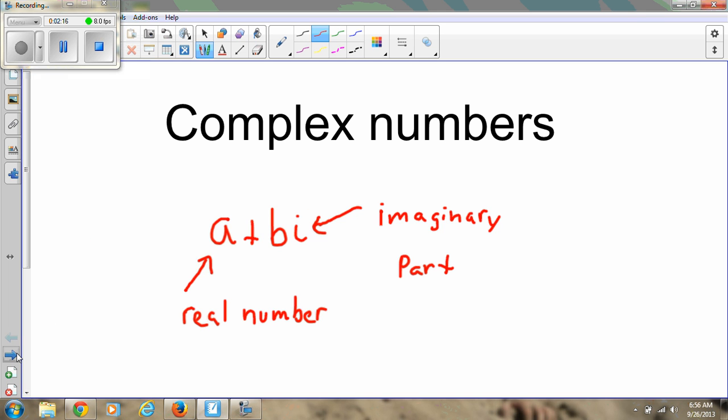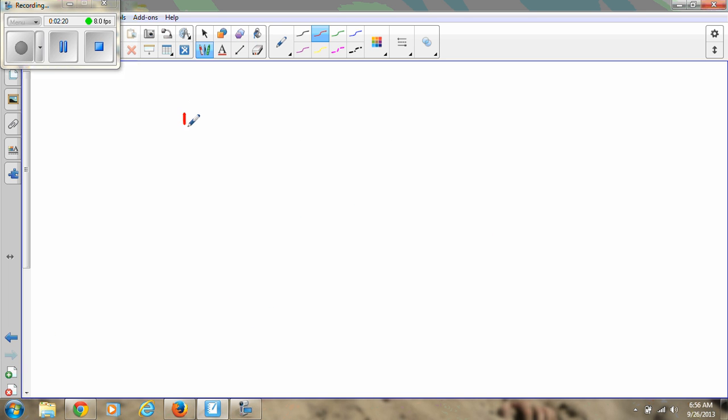Okay, so let's look at some examples of complex numbers. Complex numbers look like 3 - 4i, or -2 + 6i.